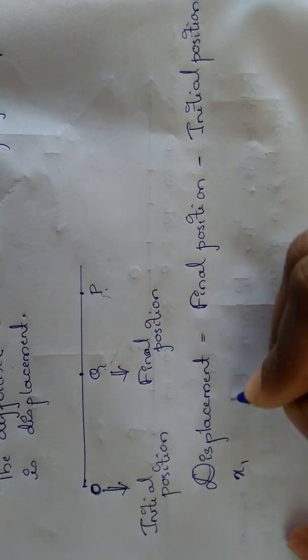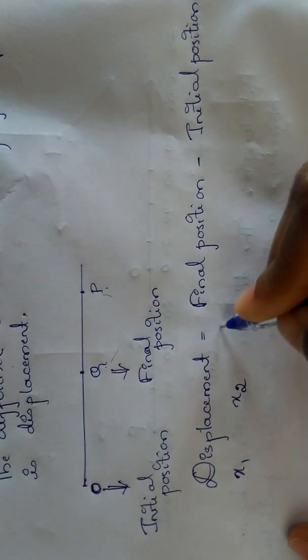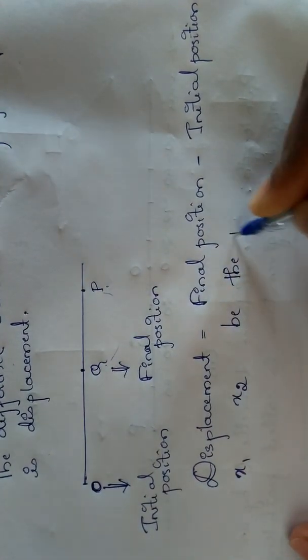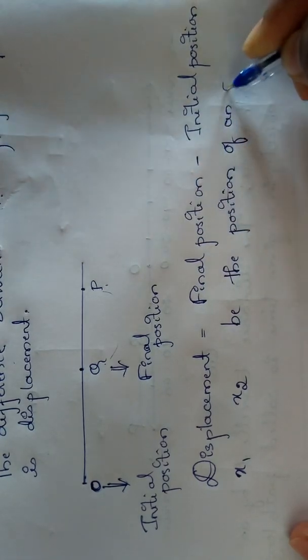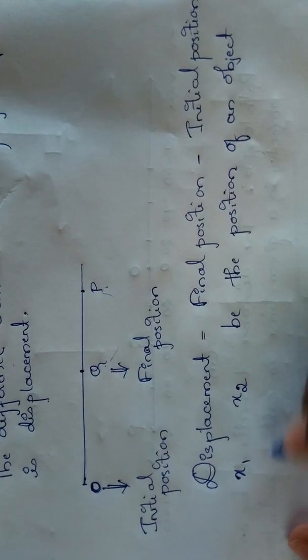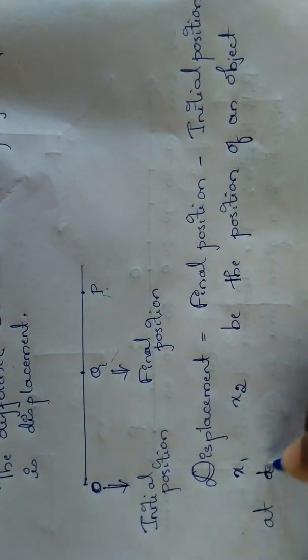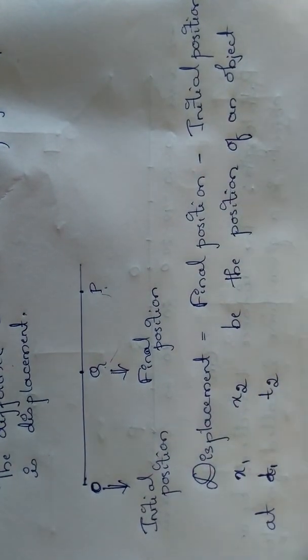So x1 and x2 are the positions of an object at time t1 and t2.